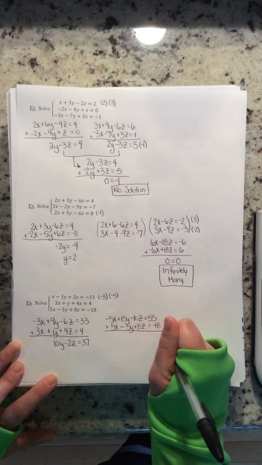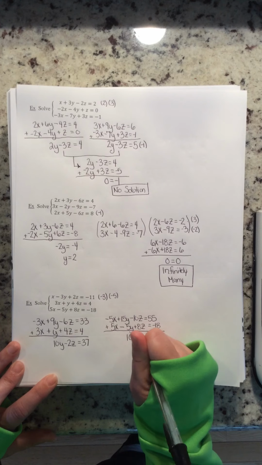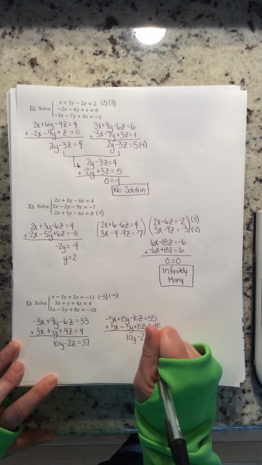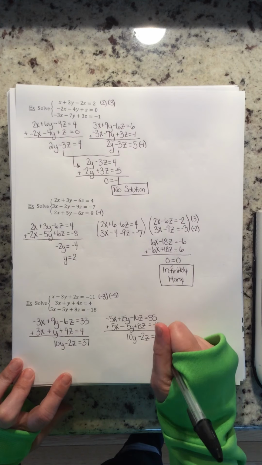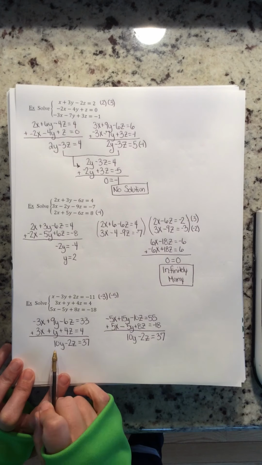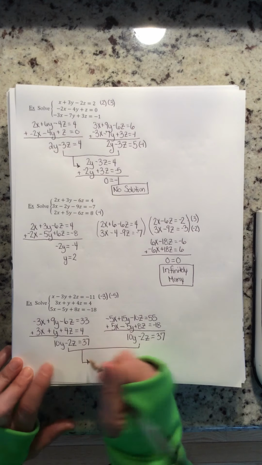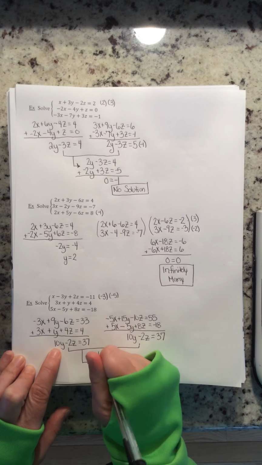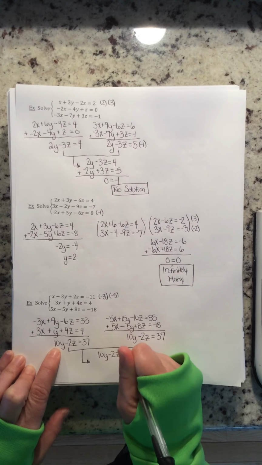Adding the two together, x eliminates, and we're left with 10y minus 2z is equal to, on the other side, 55 minus 18 is 37. Okay, now we have a system of two equations with just two variables, and I would just leave this 10y minus 2z equals 37 alone.